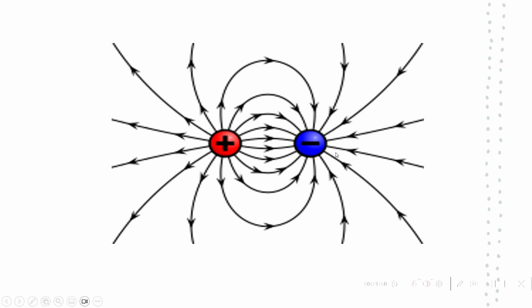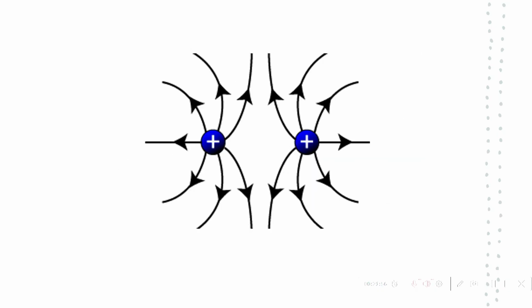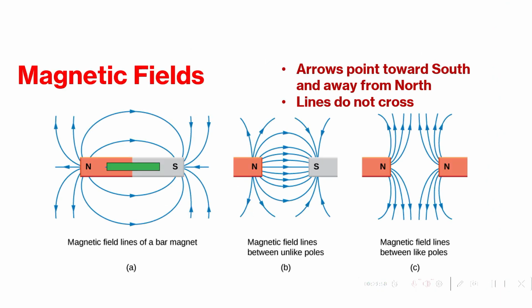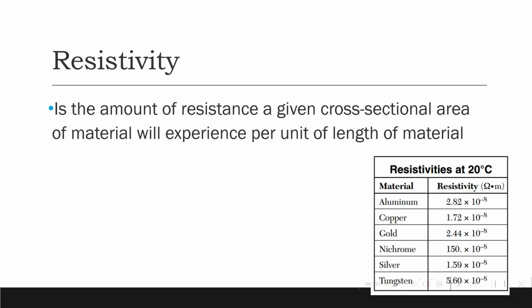They only bend when they are near something else. Otherwise, they're straight lines. And they go from the positive to the negative, and they go away from positives. And then for magnetic fields, it goes from north to south, and away from north. So south acts like a negative charge, and north acts like a positive charge.